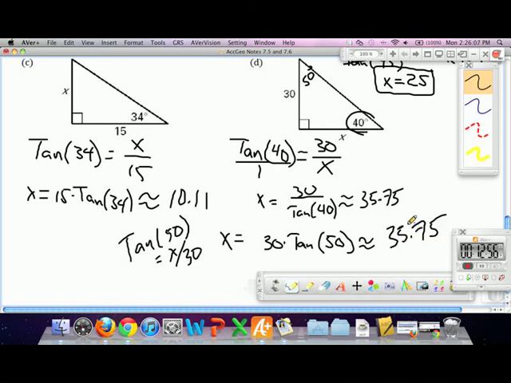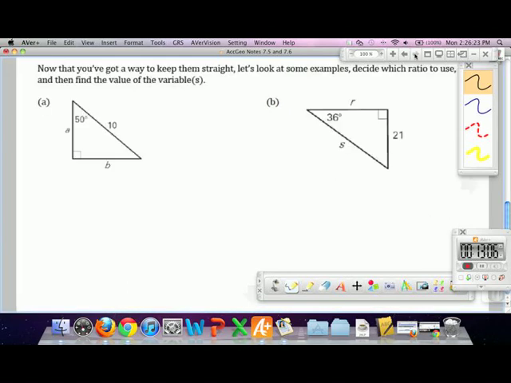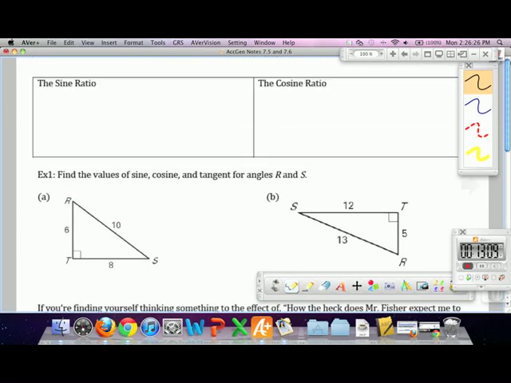Okay, we're going to throw in the other two basic trig functions today as well, which are called sine and cosine. Sine ratio: sine is equal to the opposite leg over the hypotenuse. It's called the sine ratio, not the sin ratio.